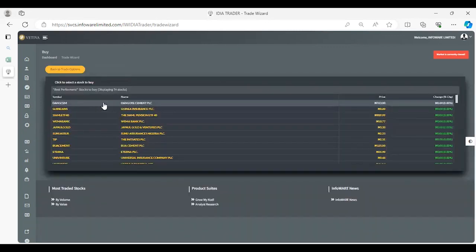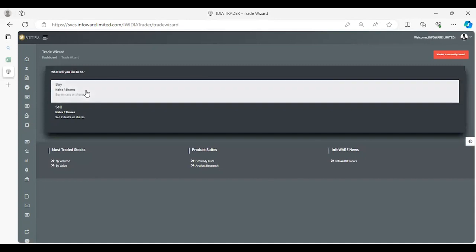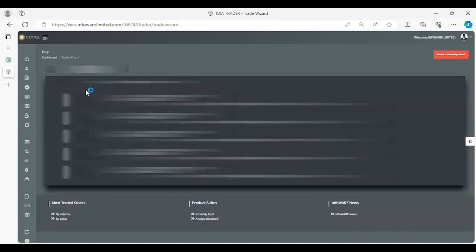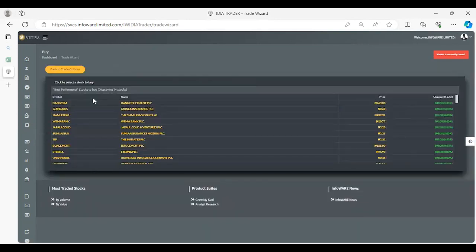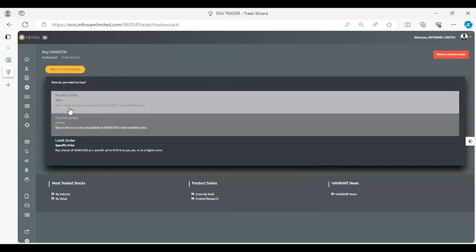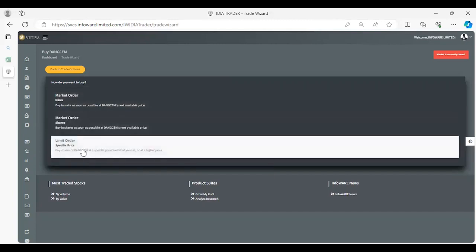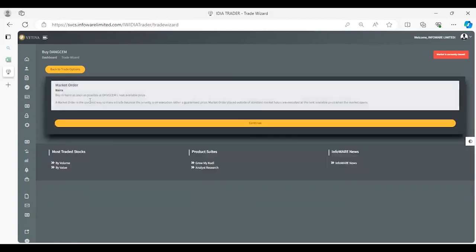So if I'm a beginner, I basically have best performers stock, which gives me quite a number. And one thing about it is that when I'm trying to sell, for example, and I select Dangote, it's going to walk me through the process of making my limit order, what it means, and different choices for me.